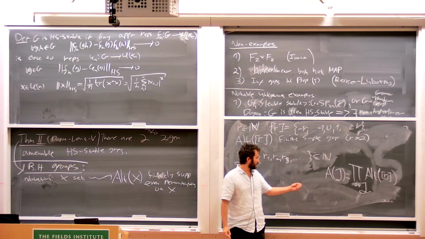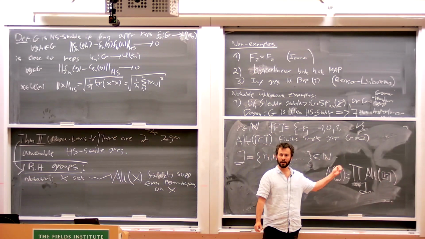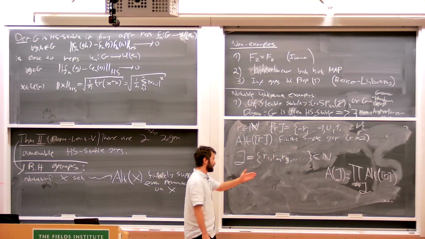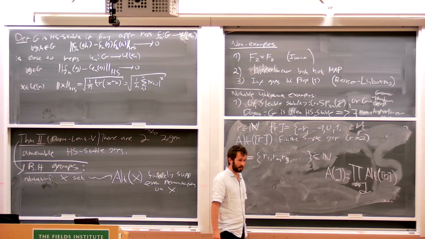It's easy to see that if you take different J's, you'll get different groups because the components are different. But these are, of course, not finitely generated.